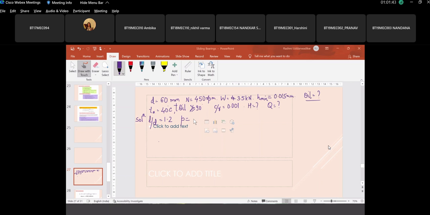It's the load on the shaft which increases. Yeah, so how can we increase the load?